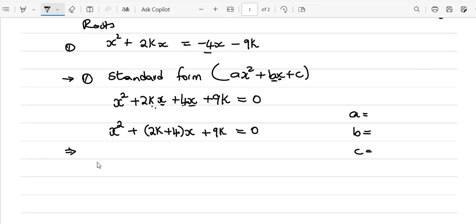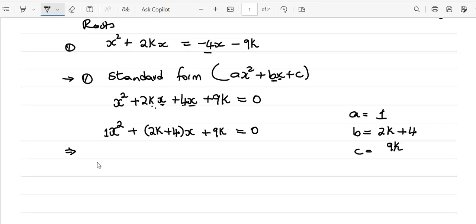The value of a is the coefficient of x squared, which is 1. The value of b is the coefficient of x, which is 2k plus 4. The value of c is 9k.